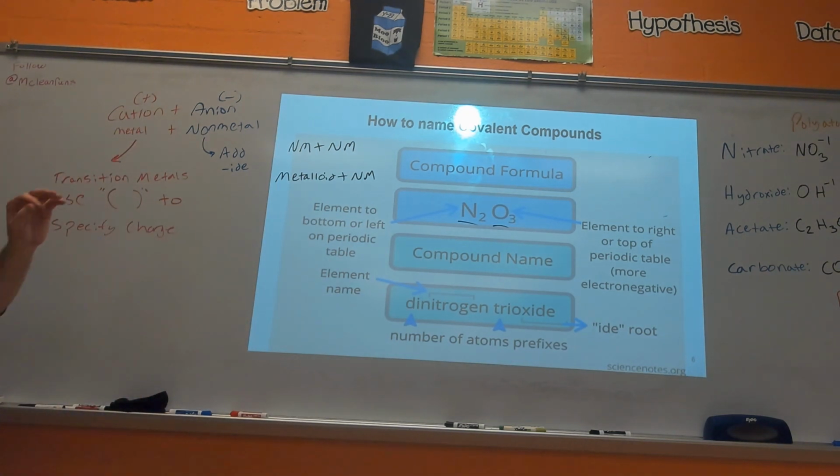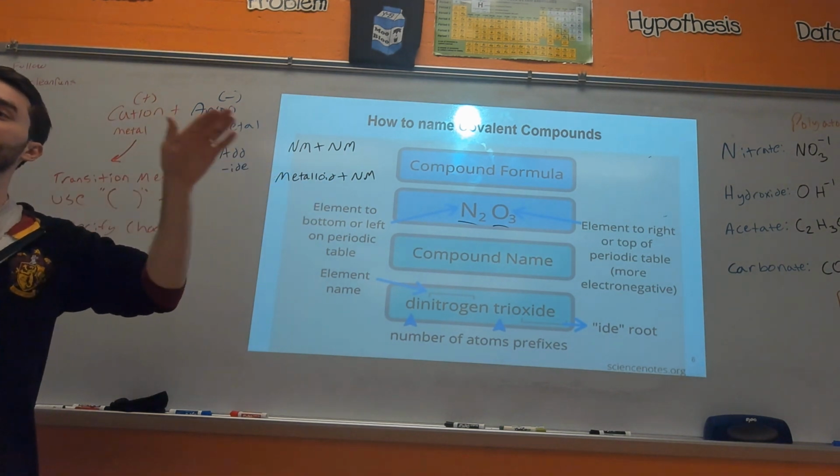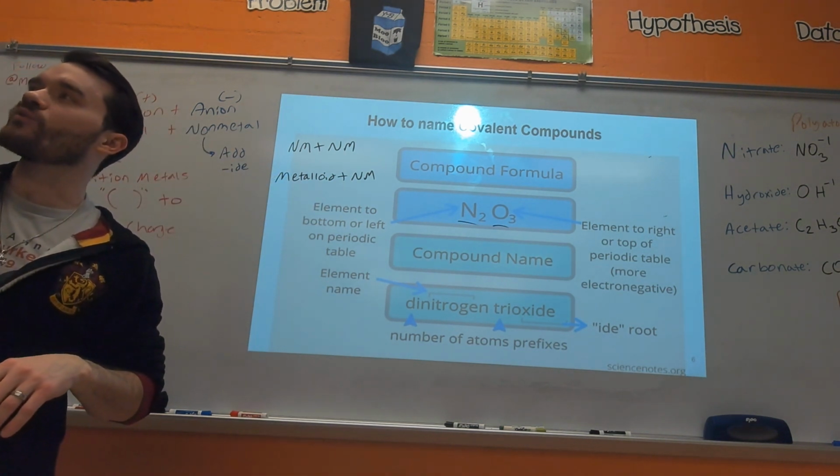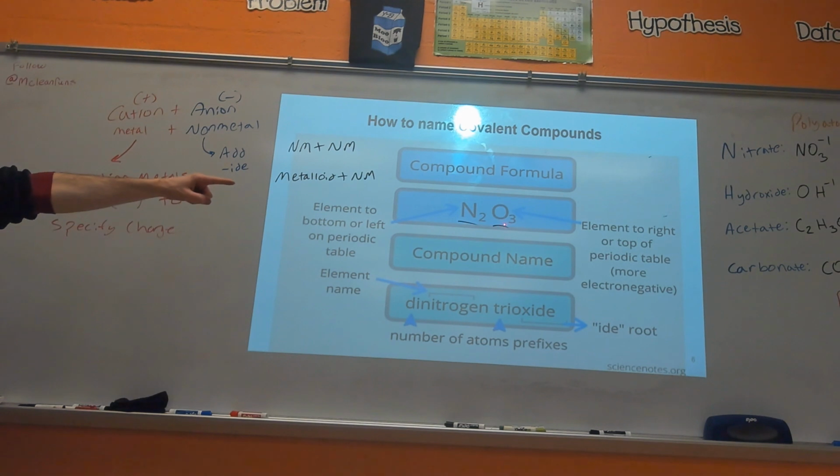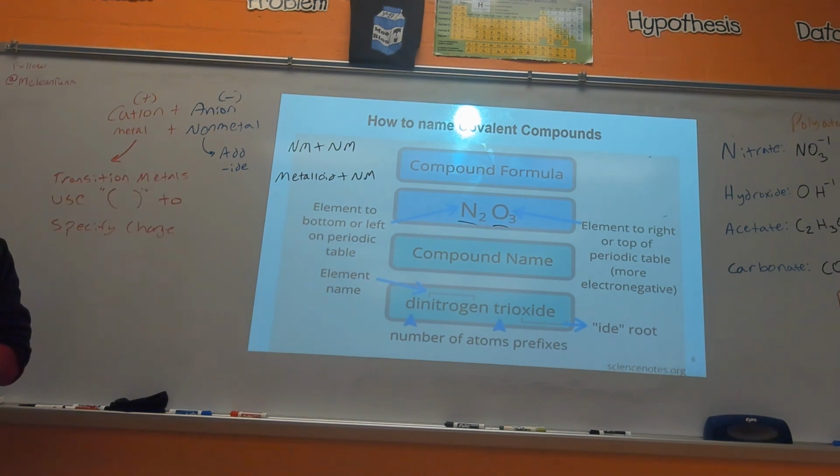Now, notice how oxygen is to the right of nitrogen. The question is, well, why is it not O3N2? Well, the element that goes to the right is the more electronegative atom. Remember, electronegativity increases as you go from left to right. Oxygen is to the right of nitrogen. That's why it goes to the right here.